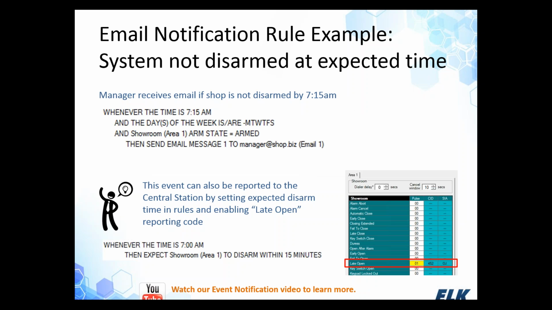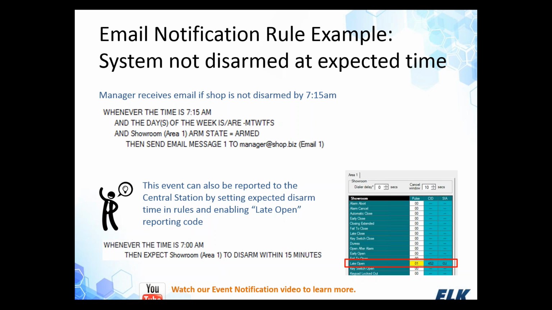All right, so in our next example, you may want somebody to be notified when the system was not disarmed by 7:15. So whenever the time is 7:15, and the days of the week are Monday through, in this case, Saturday, and the showroom, area 1, is armed, then send that email message that my showroom is not disarmed, so there's no one there yet.